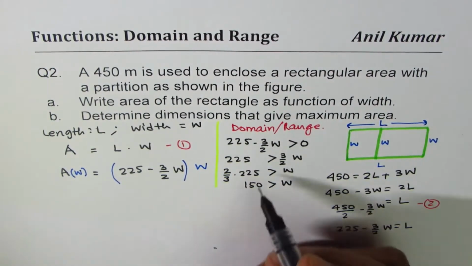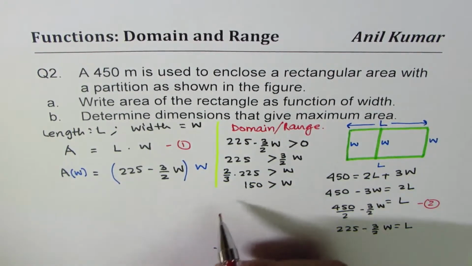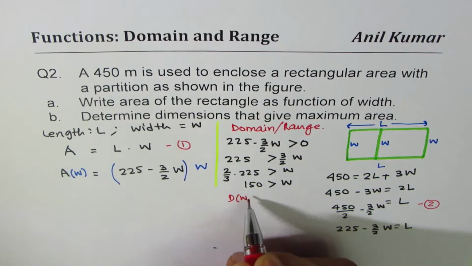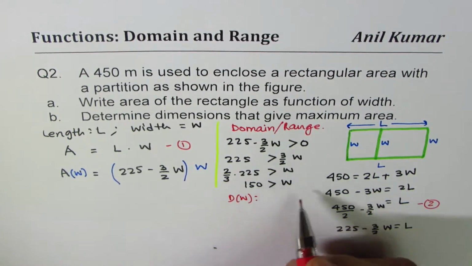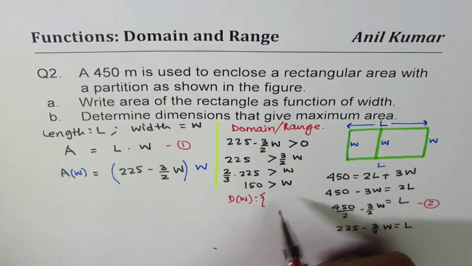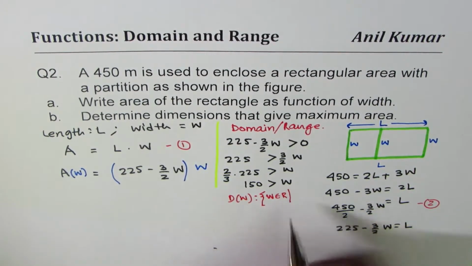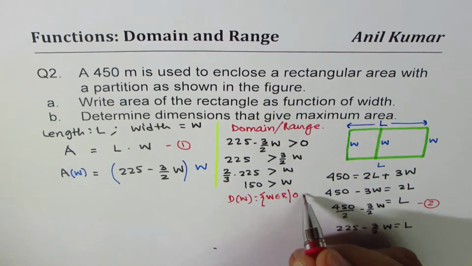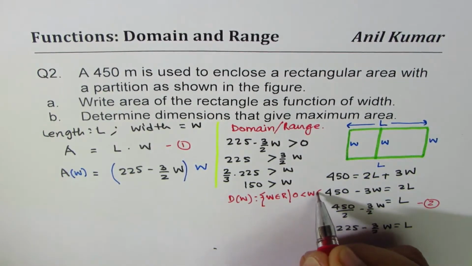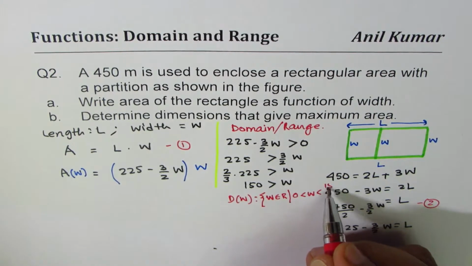So as far as the domain is concerned, we can write domain in terms of W. You can use different notations, right? So here we say W belongs to real numbers, so that W is greater than 0 and less than 150, is okay?